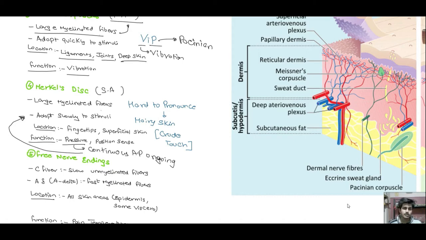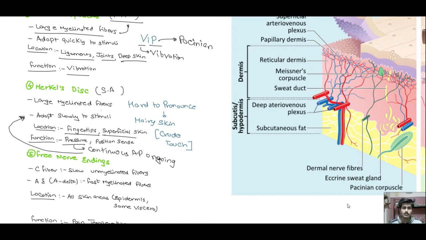And here the Merkel cells are located in the region of the fingertips. Fingertips are a region where hairs do not grow, so we can say that it is a part of the hairless skin or glabrous skin, and the superficial skin is the part where the hair may grow.